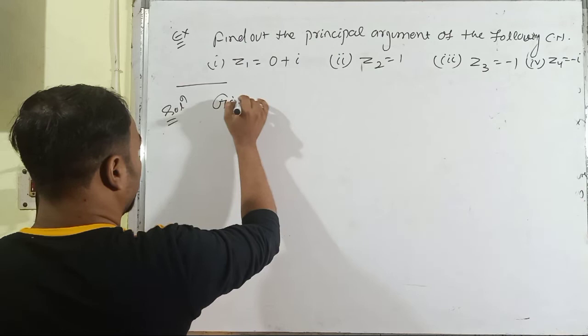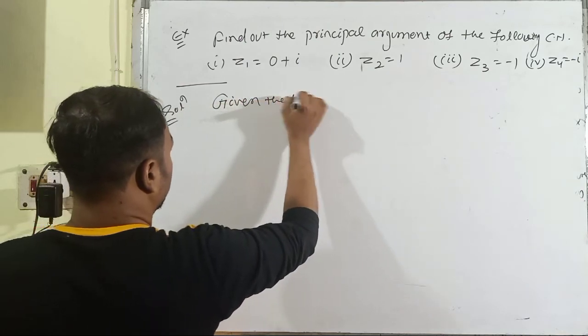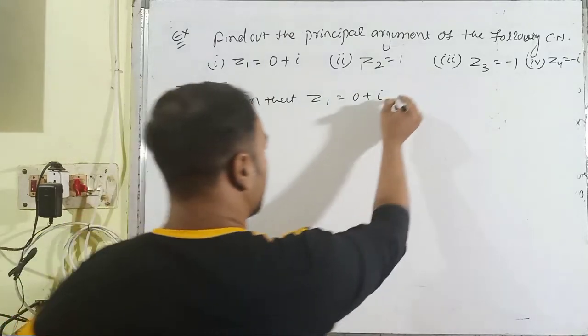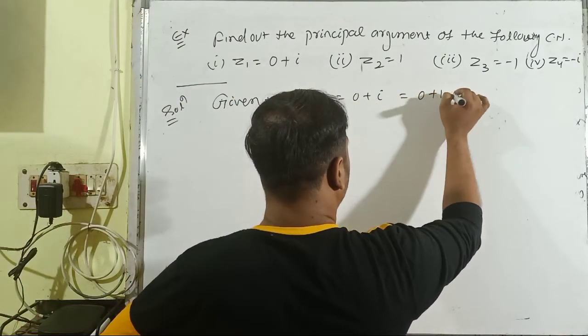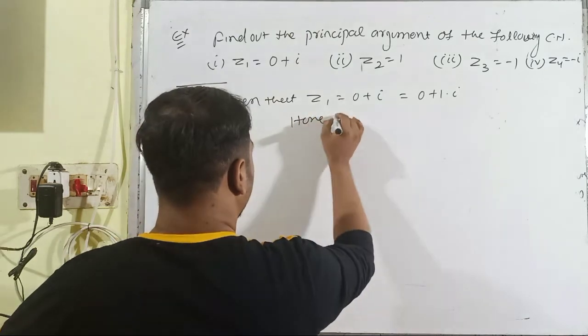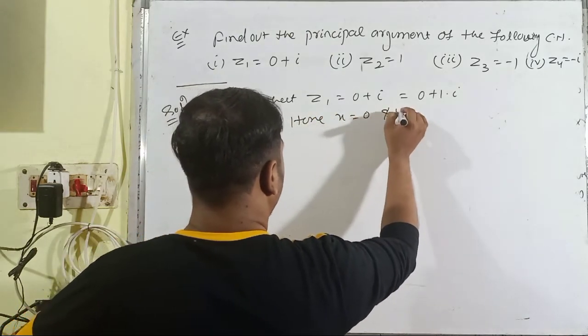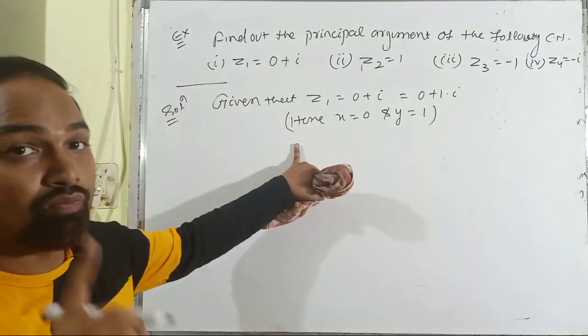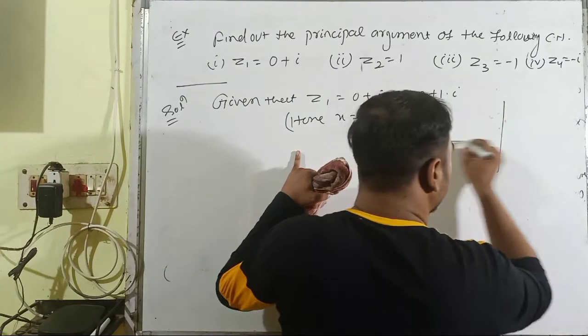Given that z1 is equal to 0 plus i, that means it is 0 plus 1 into i. Here x is equal to 0 and y is equal to 1. That means it lies on the positive direction of the y-axis.